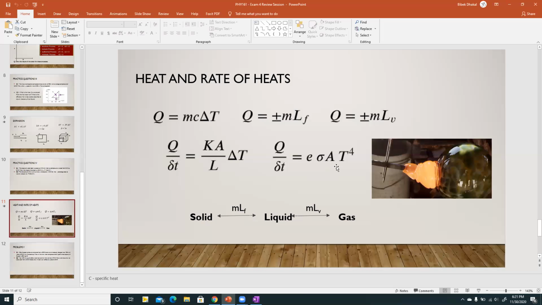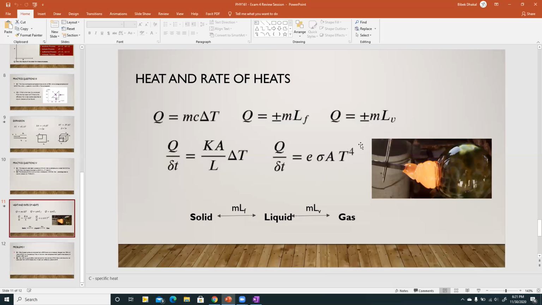And A is the cross-sectional area, and T has to be raised to the power of 4. If we are calculating heat change, then you have to subtract two temperatures. So in this case, it won't be delta T to the 4.